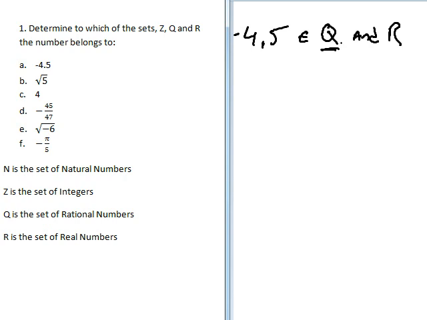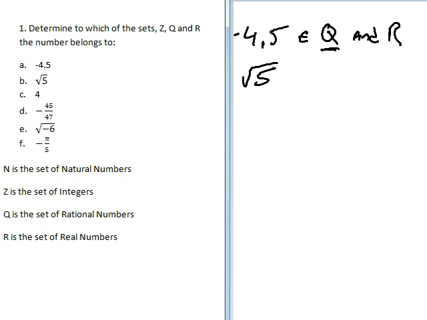The next one is going to be the square root of 5. Well, we can go through the same sort of routine. Is it a natural number? Is it an integer? Is it a rational number? Or is it a real number? When we go through looking at it, we can evaluate it to see what it is.